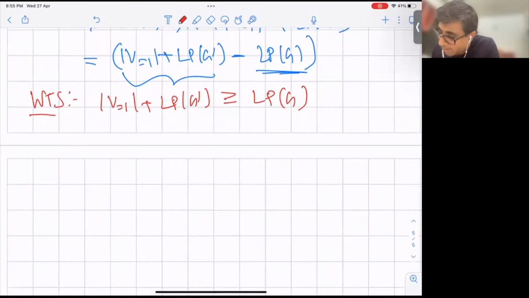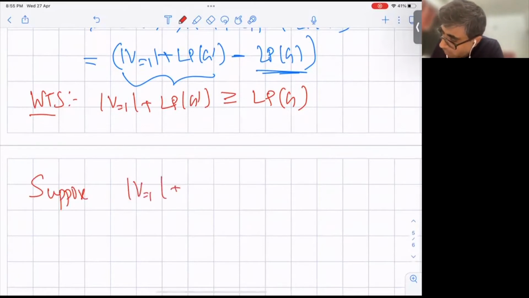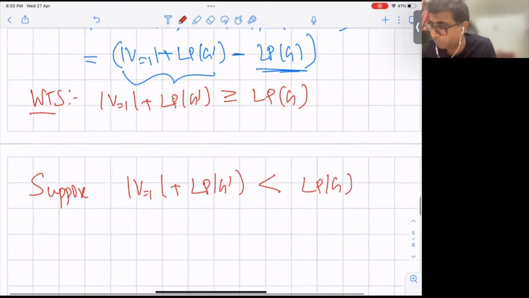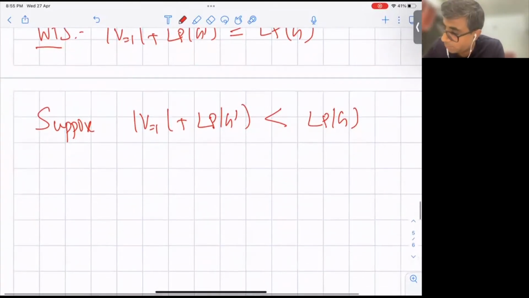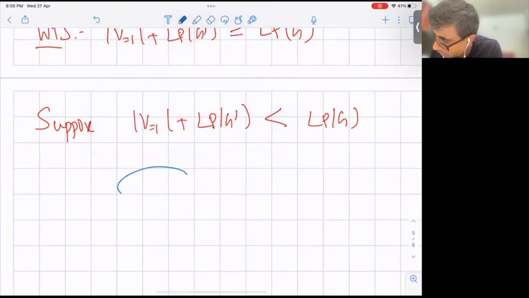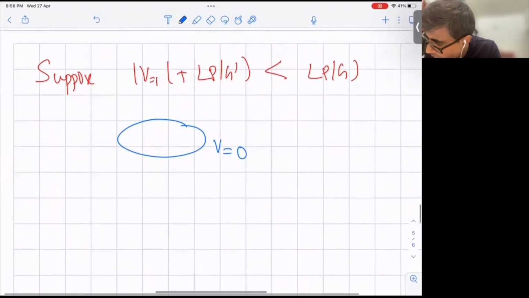Why? Because suppose V equal to 1 plus LP of G prime is strictly less than LP of G, then let's see what we can do. Now, what is G prime? Let's draw our picture. Here was V equal to 0.